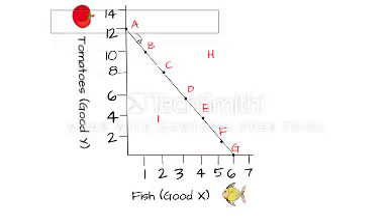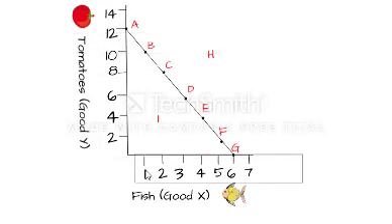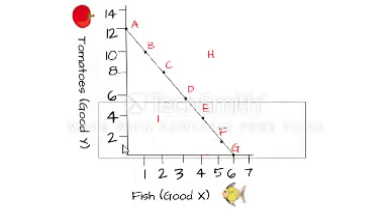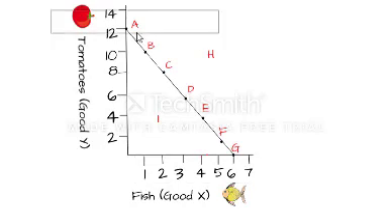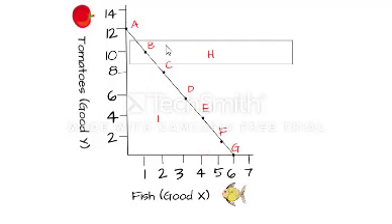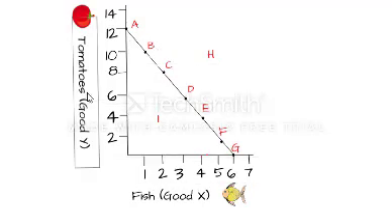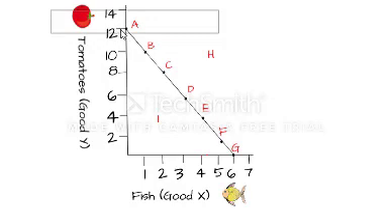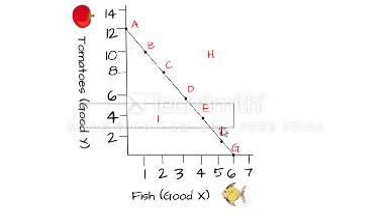Now, if you've been looking at this graph long enough, you'll see that for every one fish, there's 2 tomatoes, and vice versa: 2 tomatoes, 1 fish. So every point on this line shows the economy using their resources efficiently to produce the maximum amount of goods, in this case fish and tomatoes. The maximum amount of tomatoes they can have is 12, and the maximum amount of fish they can have is 6.